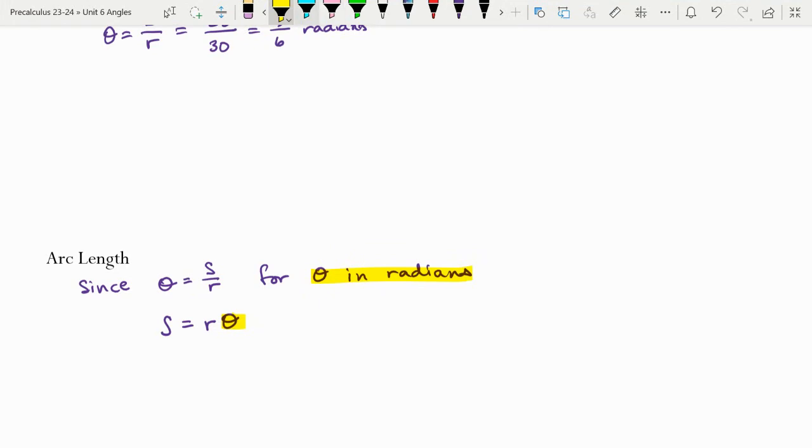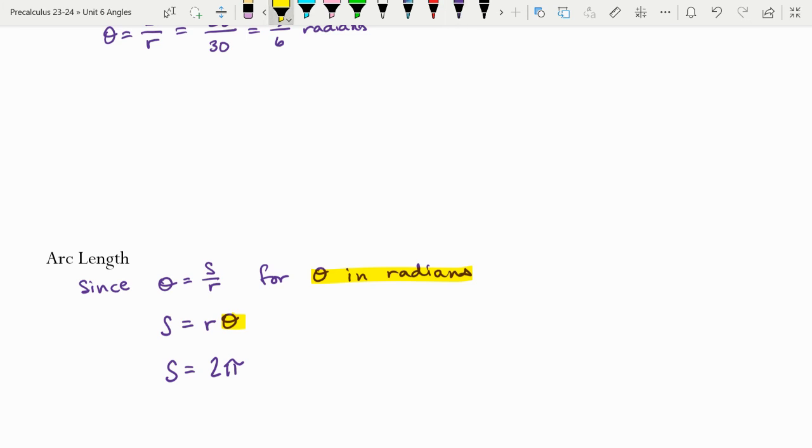So again, we looked at this a little bit, but if I do one full rotation, that means the entire length around the circle, the angle that I'm going to rotate through in radians is 2 pi.